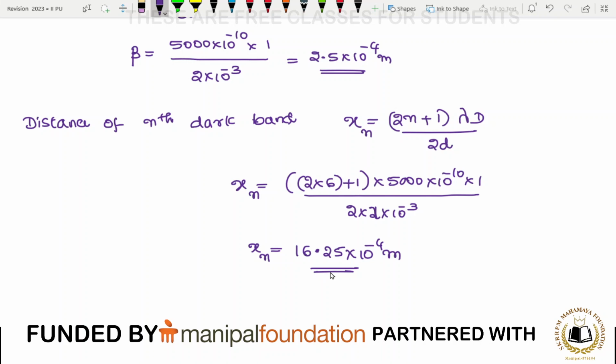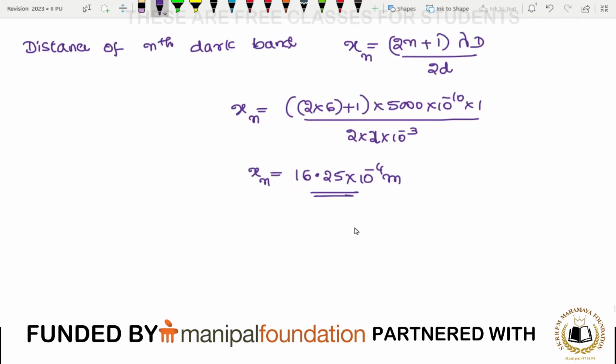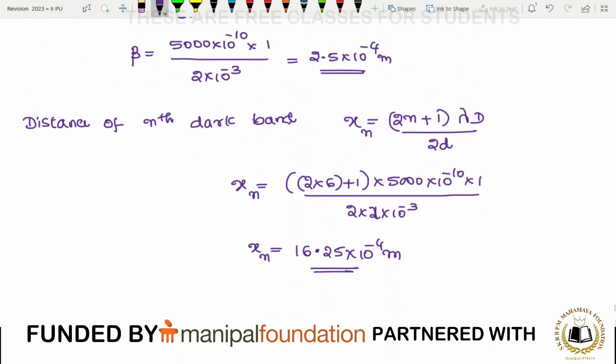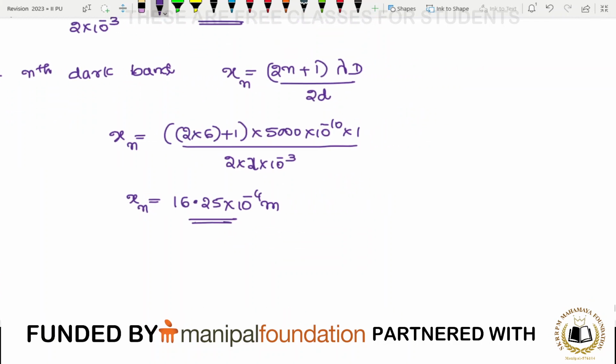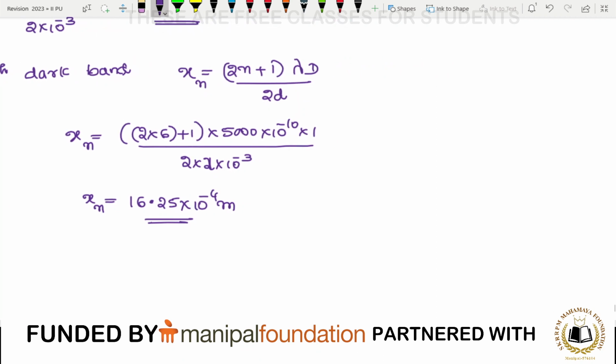Now if you want, you can do it like this also: (2n minus 1) lambda D by 2d. But in place of n you should write 7 only. If you do that also, the answer comes the same. You can try that one.